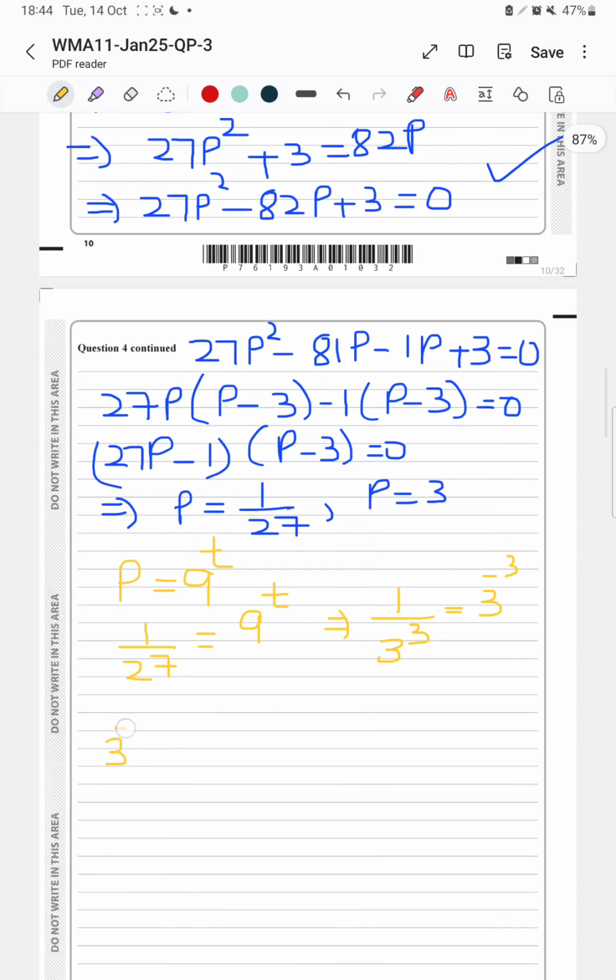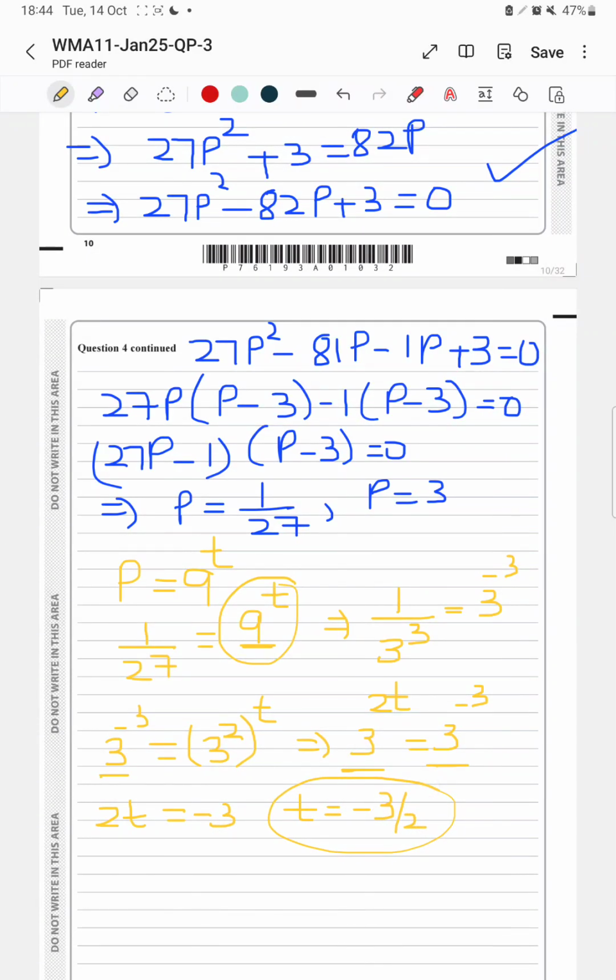So 3 to the power of negative 3 is equal to 9 to the power of t. Can we express 9 as a power of 3? Yes, it is 3 squared, whole raised to the power of t. So I got 3 to the power of 2t is equal to 3 to the power of negative 3. When the bases are the same, the powers can be equated. So I got t as negative 3 by 2. That is the first answer.